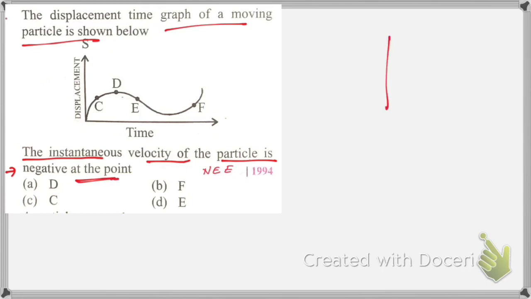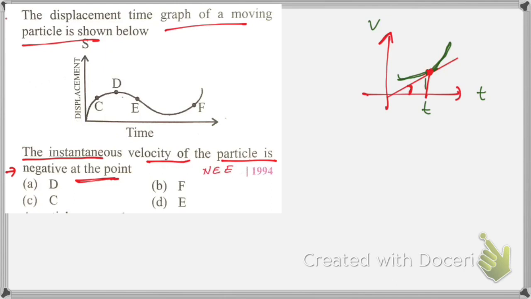Now remember one thing. Suppose this is a time and velocity graph, and if you draw the tangent here at this particular time, then the slope of this tangent gives the instantaneous velocity at this particular instant, right?